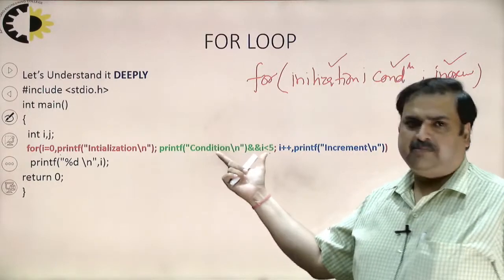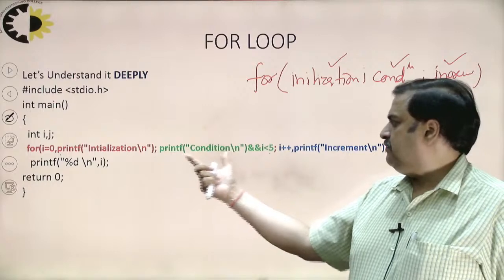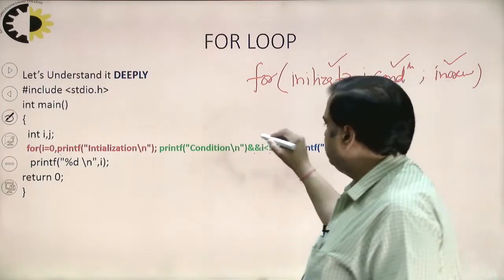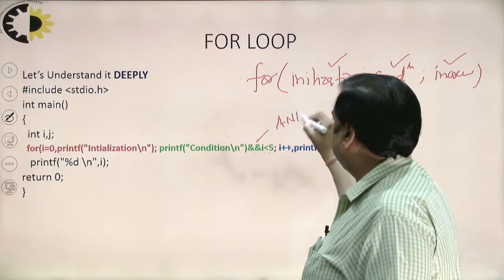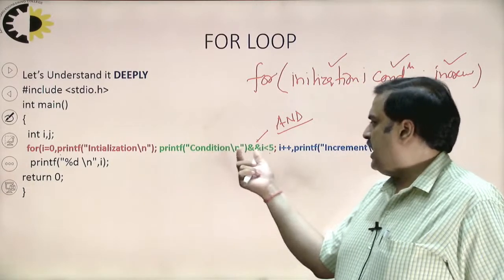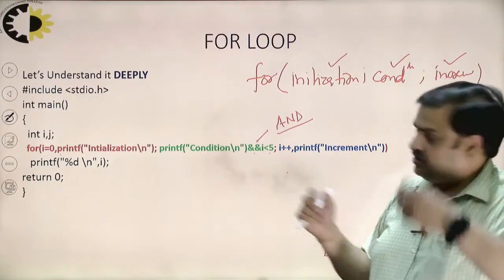Here in this condition part, what I have done is I have written one printf and i is less than 5. So this is an AND operator for adding two conditions. So this value and this value, i is less than 5. How can this be used?